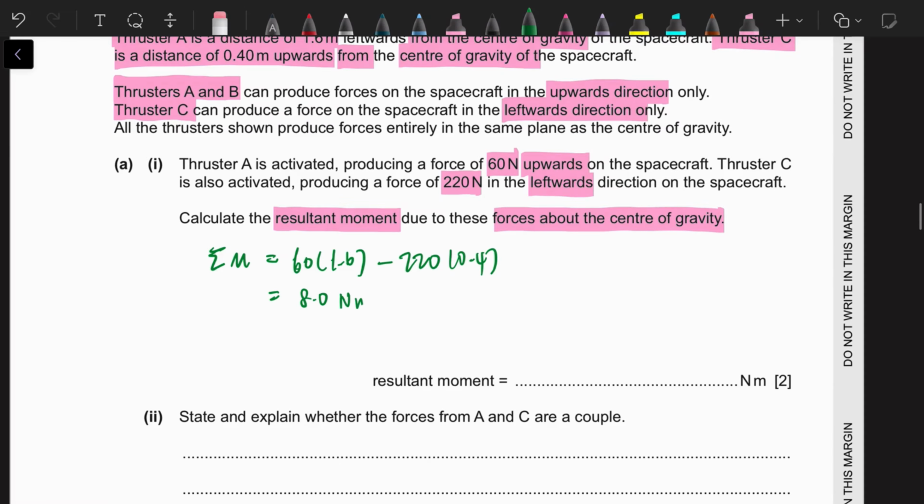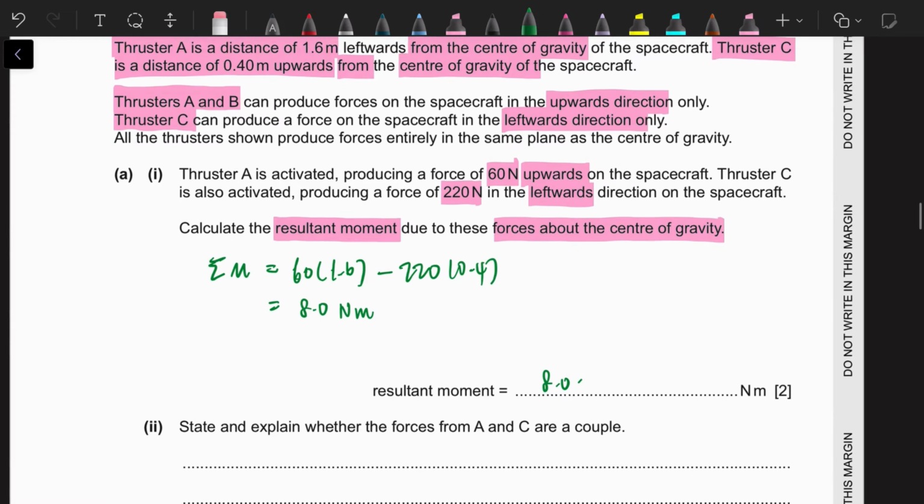So my answer is 8, and this is basically 8 Newton meter clockwise. We can write at the bottom here also: resultant moment is 8 Newton meter clockwise.